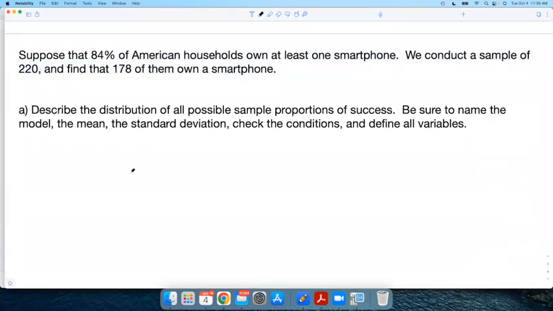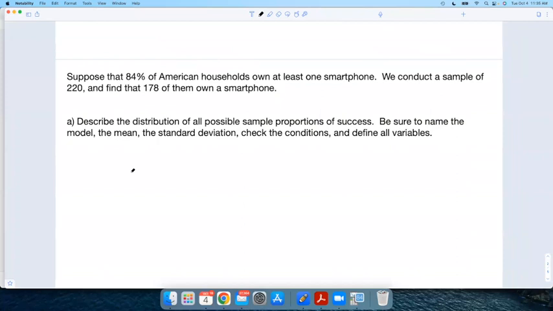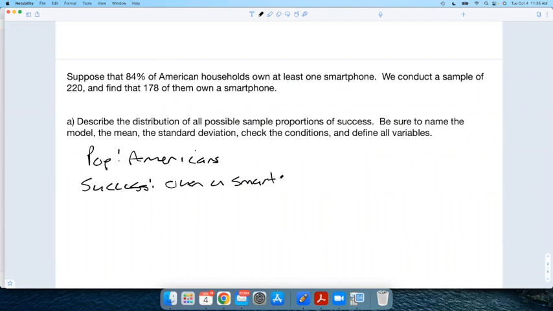So we start by defining our variable. What's our population? 84% of whom? Americans. What are they doing? What are we calling success? Own a smartphone. So then I like it when you write these two because that helps you write this next line. The next line's the one that's required.